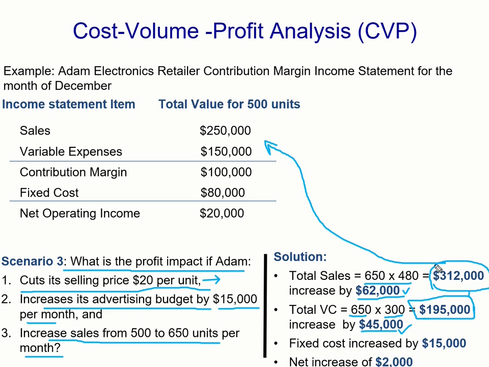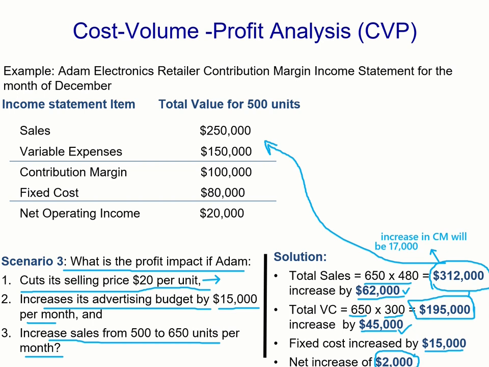Now, if we look at sales minus variable expense, we will see that our contribution margin will increase overall by 17K. Now, our advertising fixed cost will increase by 15. Well, that's a negative, and those are positive. Overall, we're going to have a net increase of 2,000.